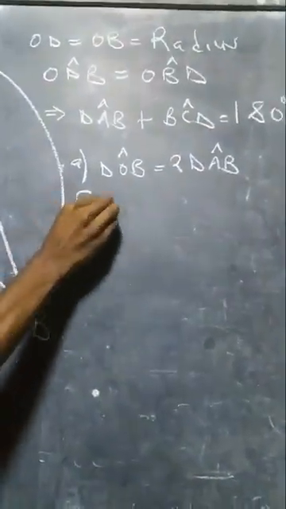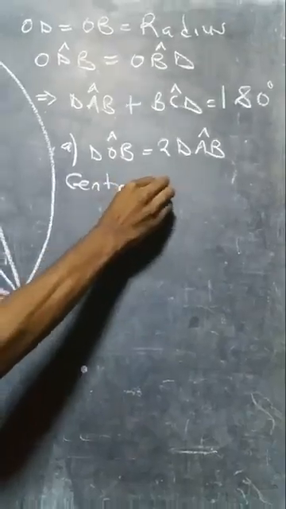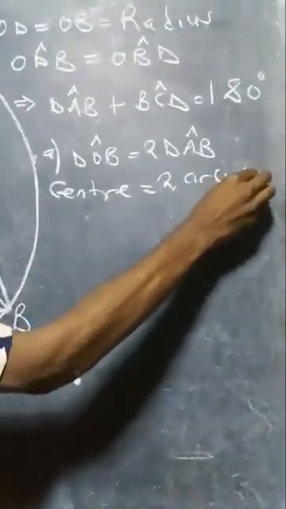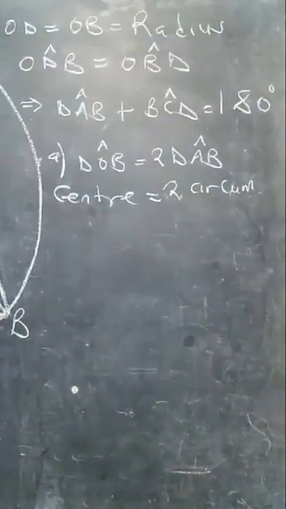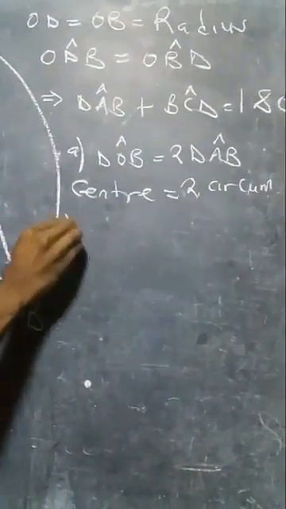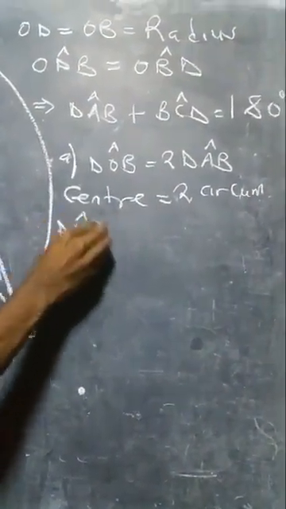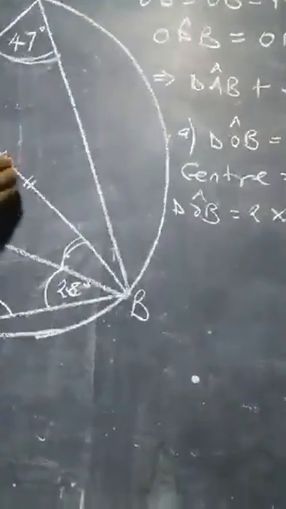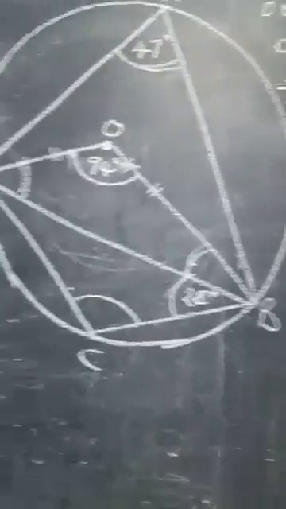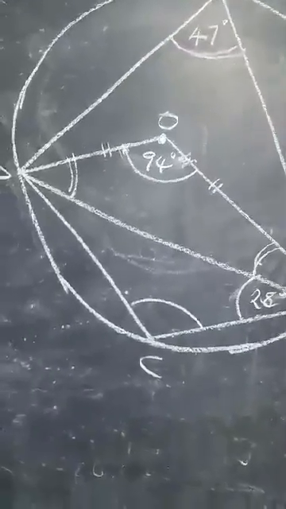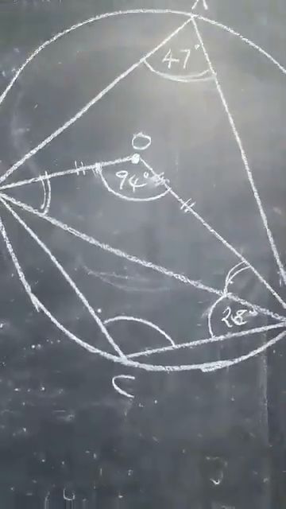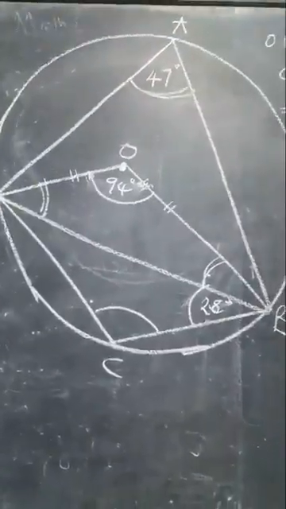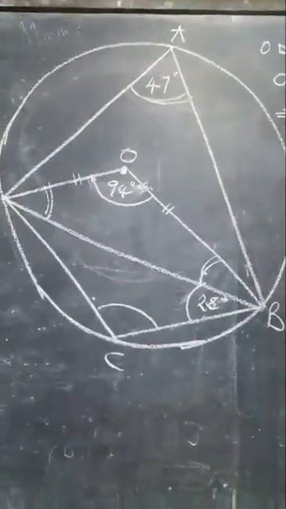The angle at the center is twice as much as the angle at the circumference. So that means angle DOB is equal to 94 degrees. So back to our diagram. What we have here is 94 degrees.